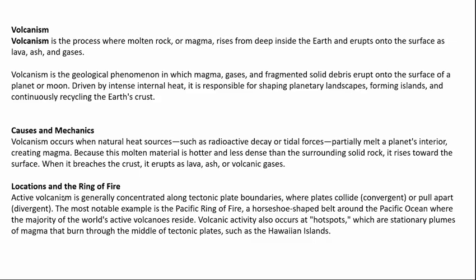So we're going to be looking at different types of volcanism, how magma originates from the mantle and comes to the Earth's surface. There are generally two causes of volcanism. The first one could be mechanical, but what we are looking at is mainly the ones that are associated with tectonics, that is the second one, that is location and ring of fire, because they are associated with tectonic plates.